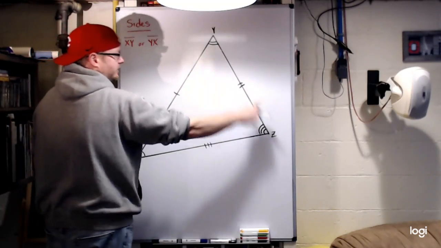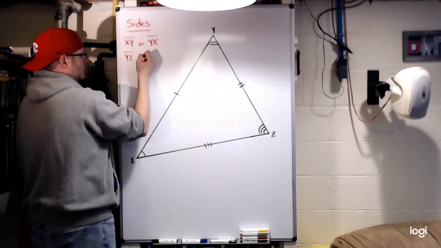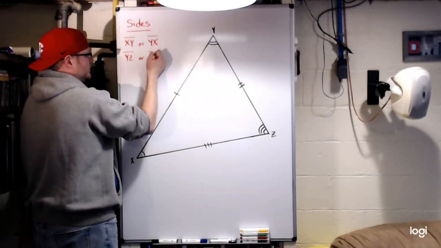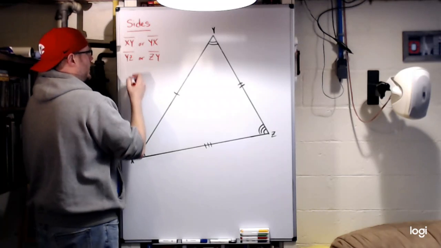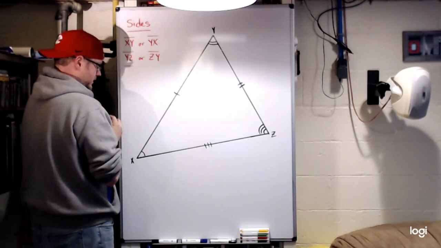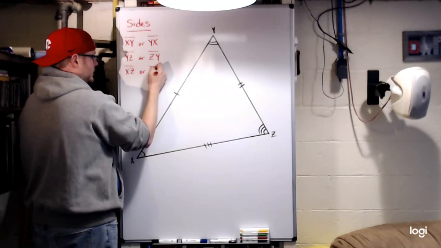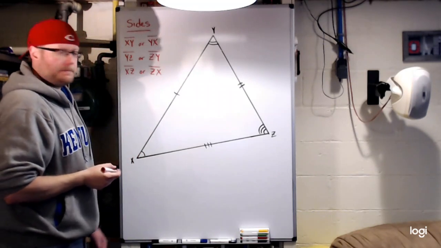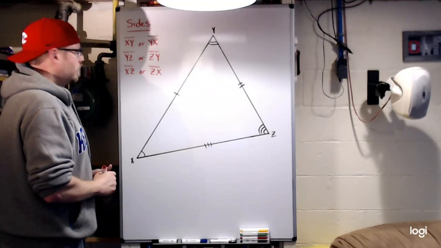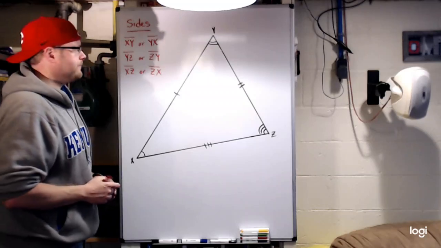We have segment YZ or segment ZY. It's the same. And we have side or segment XZ or segment ZX. All right? So, those are the 3 segments that this triangle is made of.